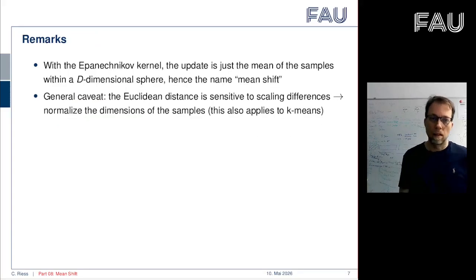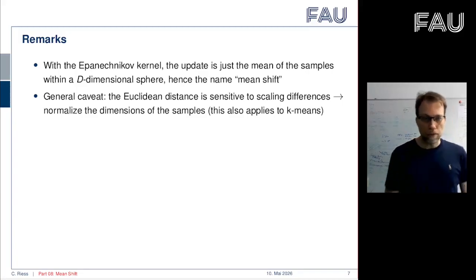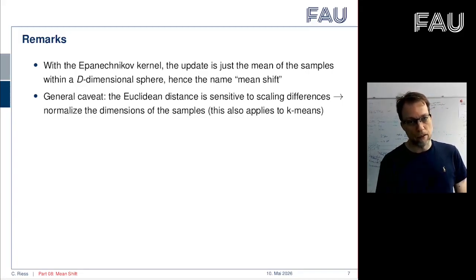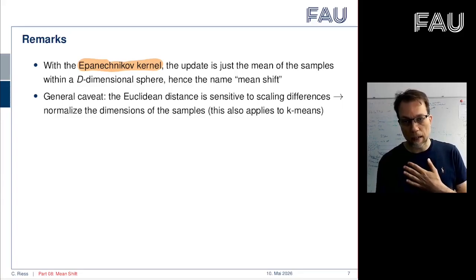So what is the role of the Epanechnikov kernel? With the Epanechnikov kernel, the update is just the mean of the samples within a d-dimensional sphere. And this is why the algorithm is called mean shift. And this is what people are using also in practice.